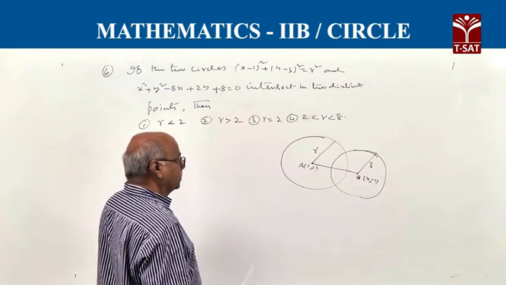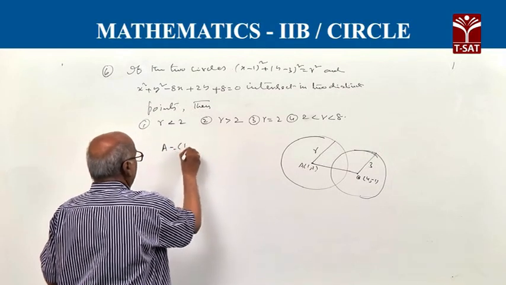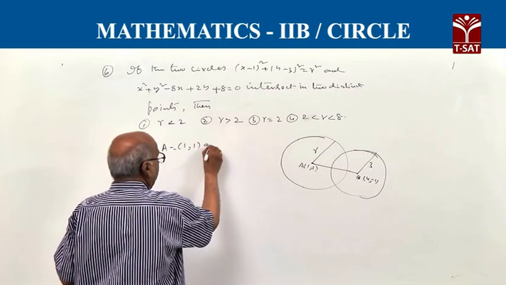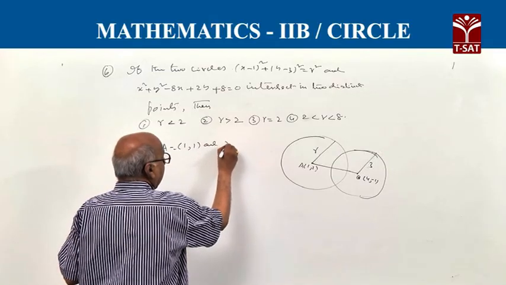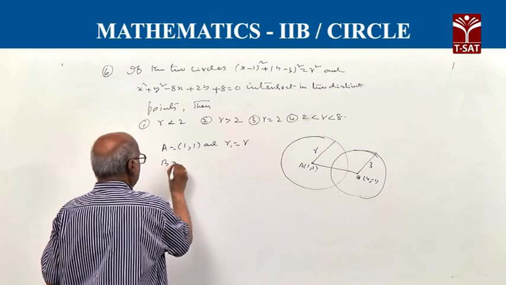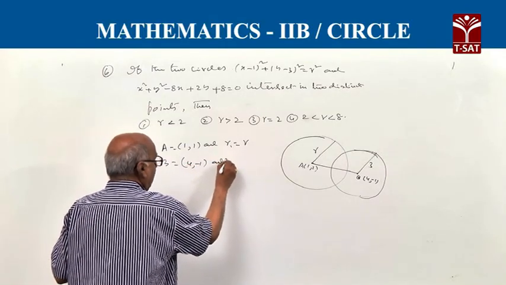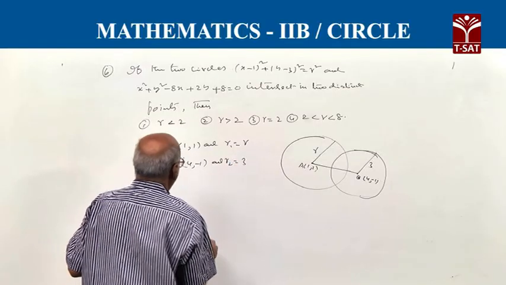So you can see that A is (1, 3) and R1 is equal to r radius, B is equal to (4, minus 1) and R2 is equal to 3.